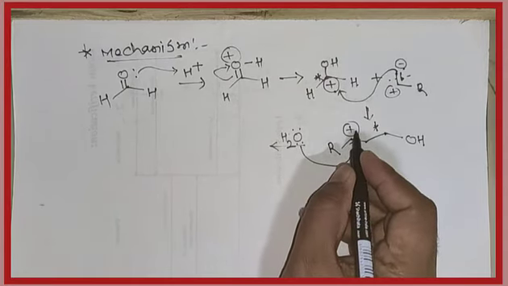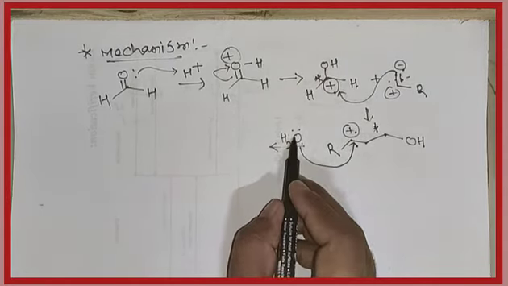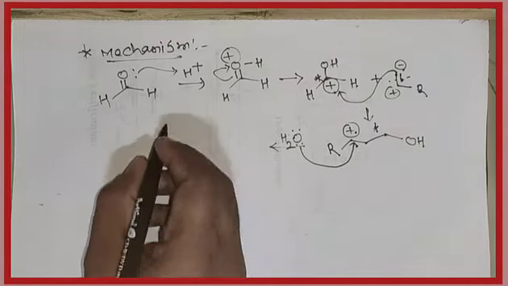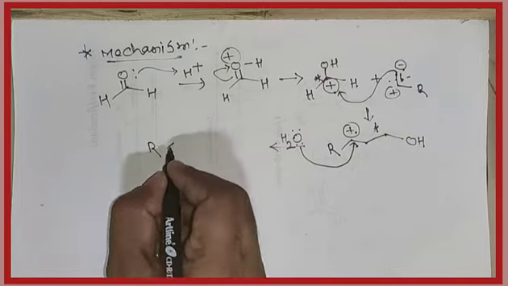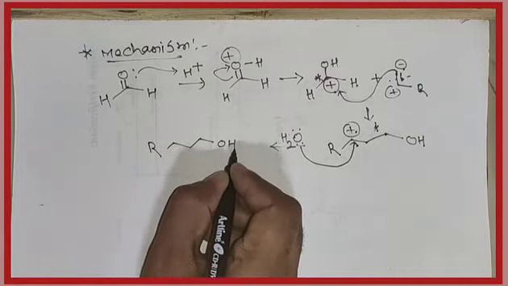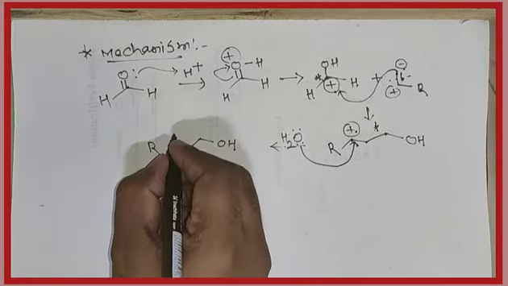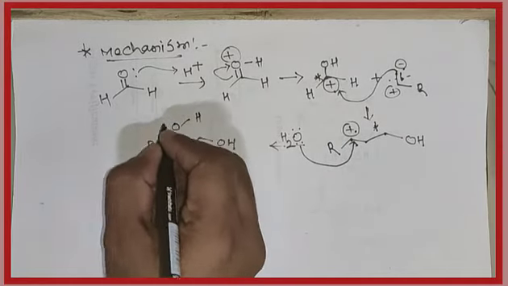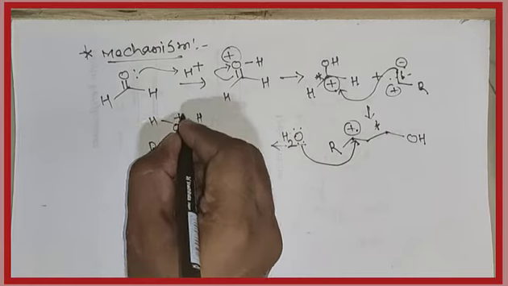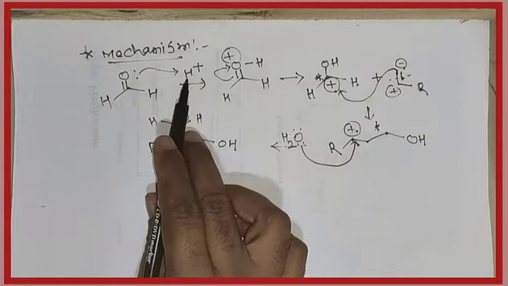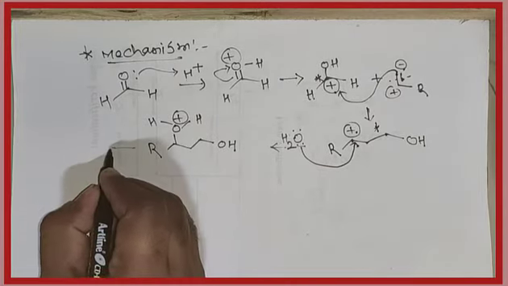Because it is positively charged. Here oxygen acts as a nucleophile and this cation acts as an electrophile. So R, this OH as it is, and now this water molecule is attached to this carbon, so here O, H and H. This oxygen is now positively charged. As we discussed earlier, whatever we add in the first step is always liberated in the last step.